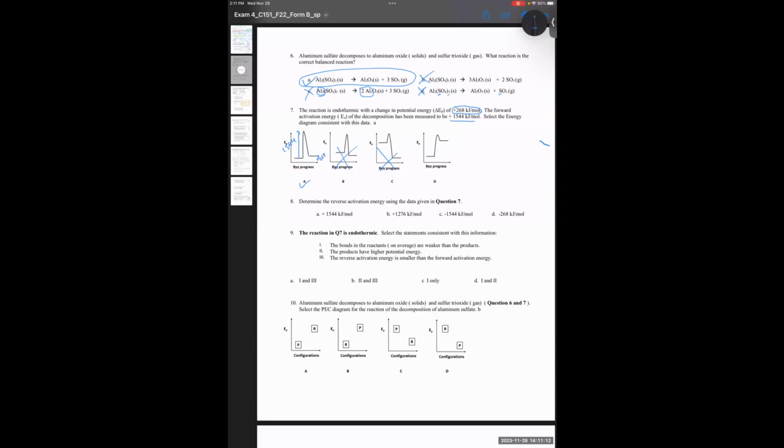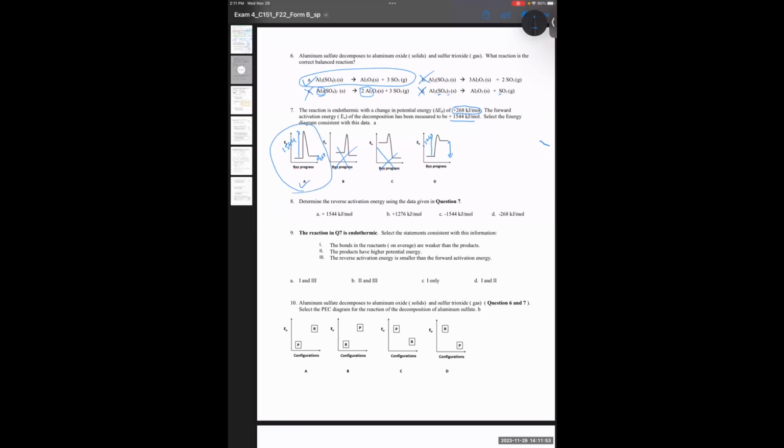On the other hand, in option D, even though it is an endothermic reaction, the gap between the reactants and the products is too large. It doesn't seem to be 268. Because if this is 1544, this has to be at least 1000. The gap between reactants and products must be at least 1000, the way it is drawn. So the best answer for this question is option A, not D.